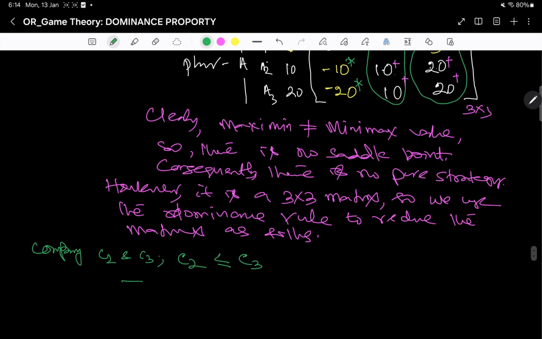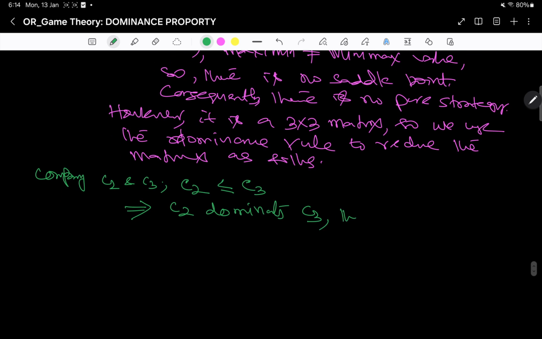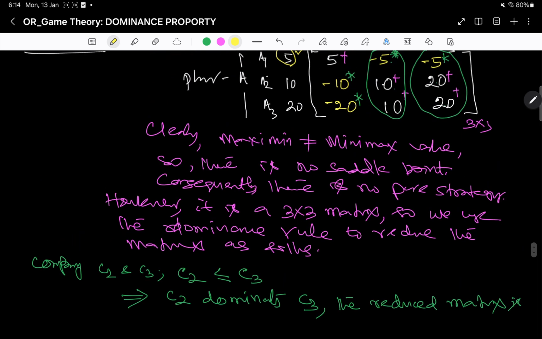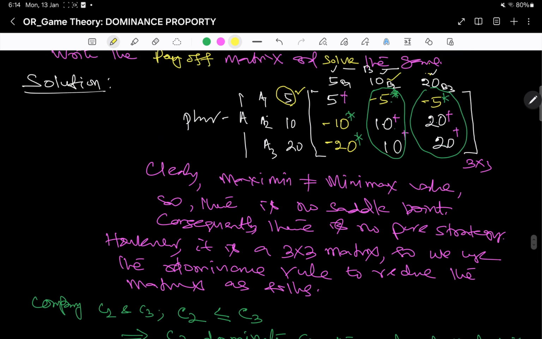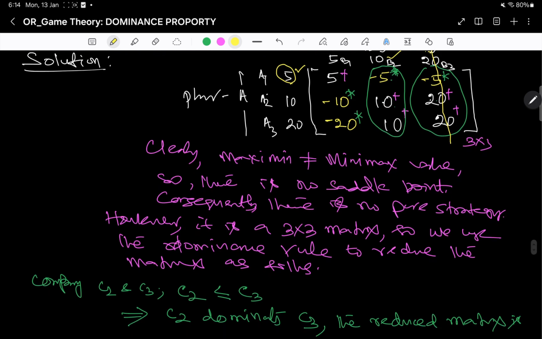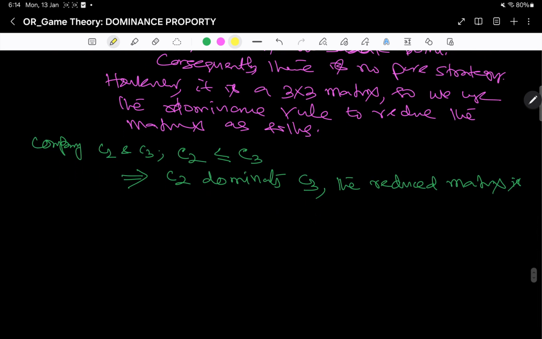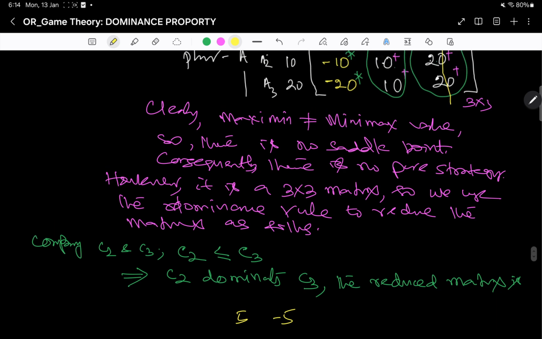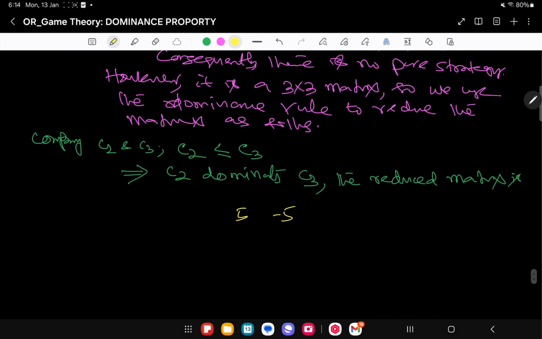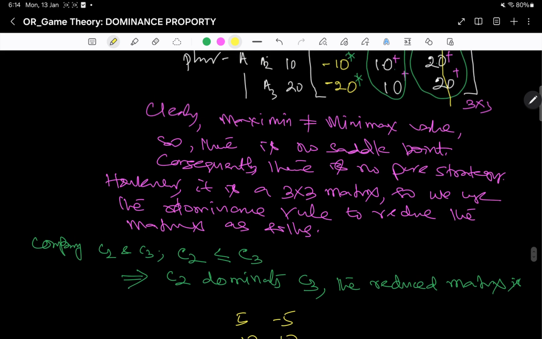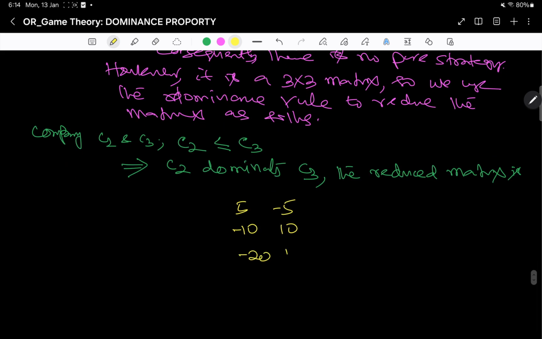So this implies C2 dominates C3. The reduced matrix is, you just omit it, this column is now omitted. So the reduced matrix is 5, minus 5; minus 10, 10; minus 20, 10.